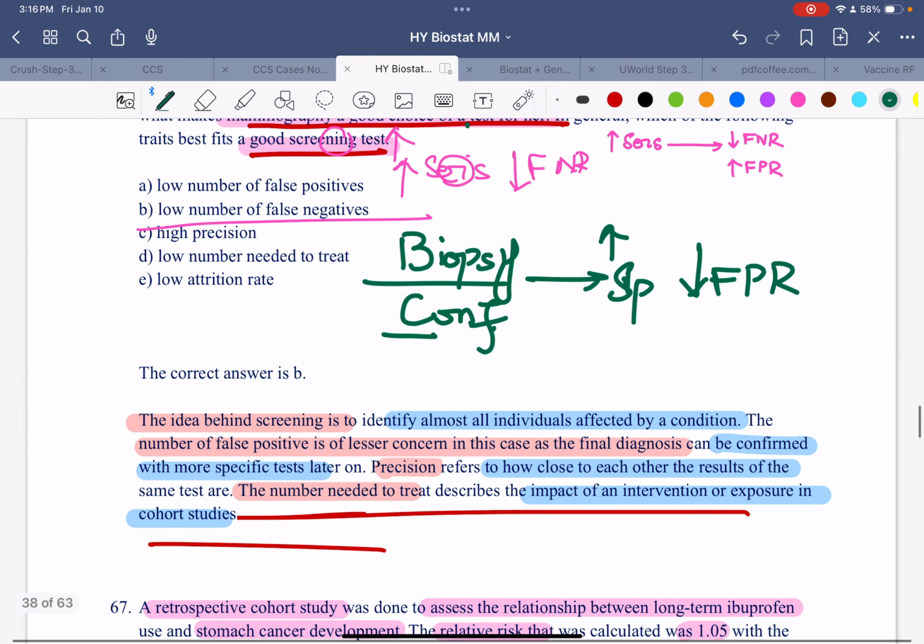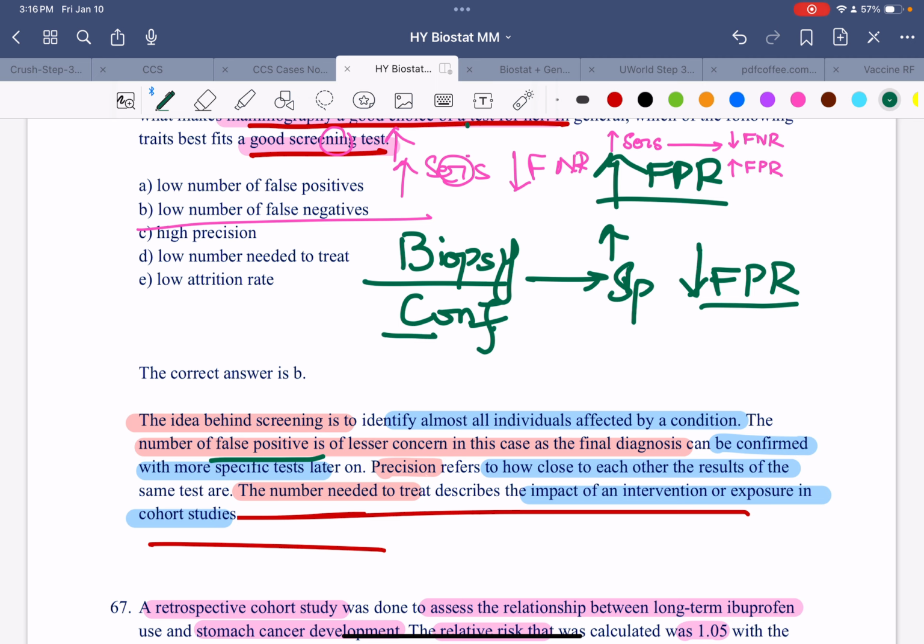The idea behind screening is that we want to get in all the people who might be affected by the condition, and we are not concerned about the false positives, because they are going to be eliminated by the other test. So you can also say that it has a high false positive rate, right? Because you are not concerned with false positives, we just want to eliminate the false negatives. And when we confirm, we are going to exclude all the false positives.